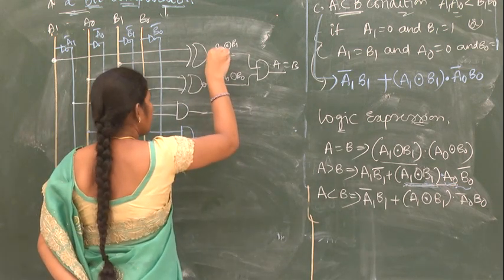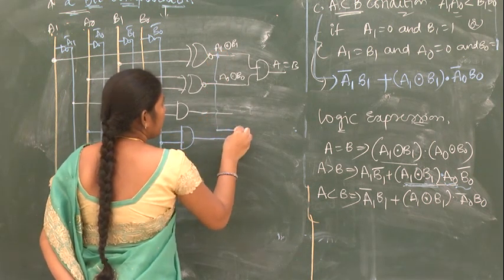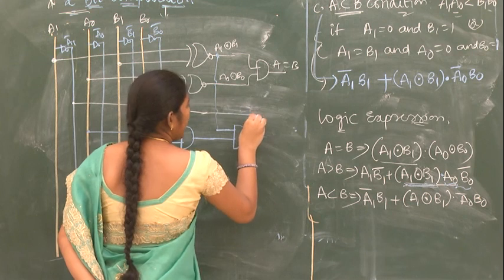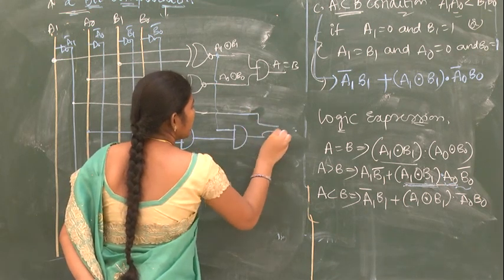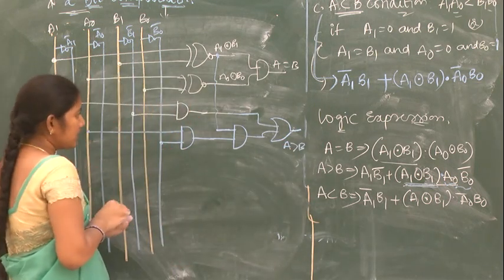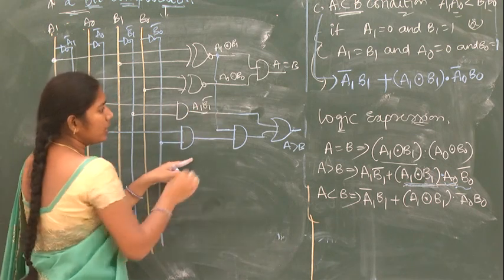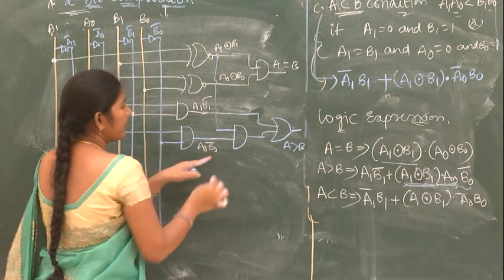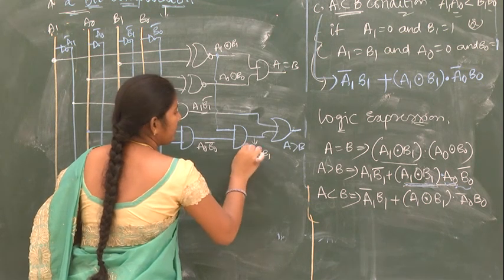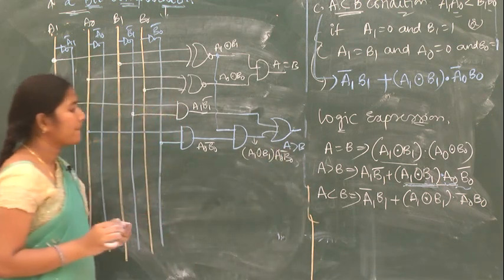So I am taking this value, give it to 1 and negate, and give these values to an OR gate to get A greater than B. See here, this is A1 B1 bar, this is A0 B0 bar, and this function is A1 exclusive NOR B1 with A0 B0 bar.